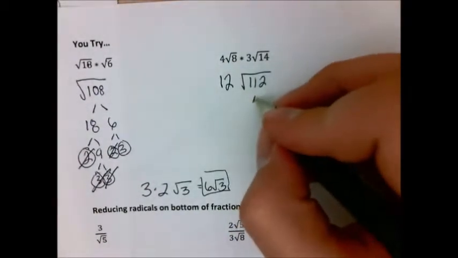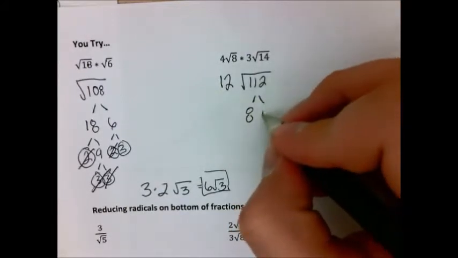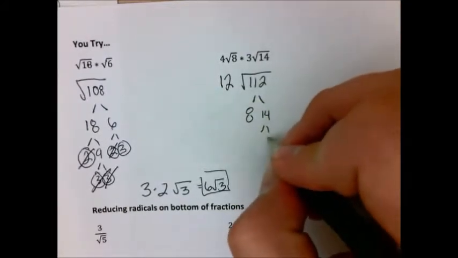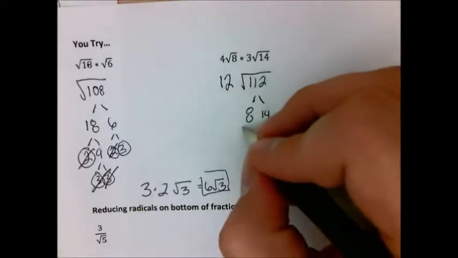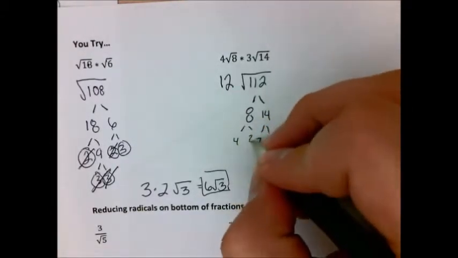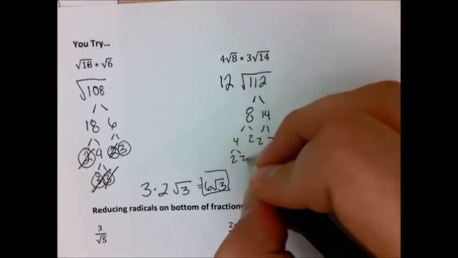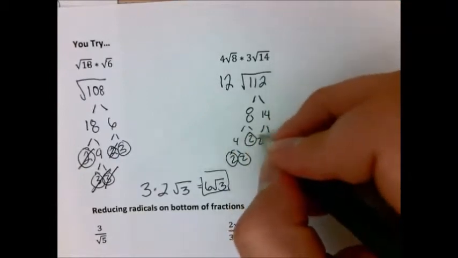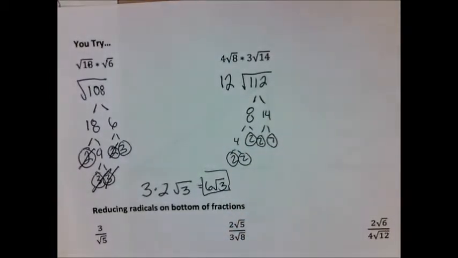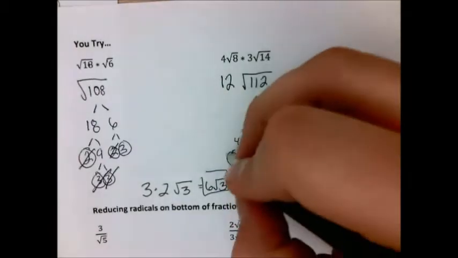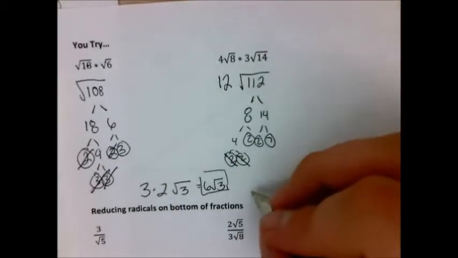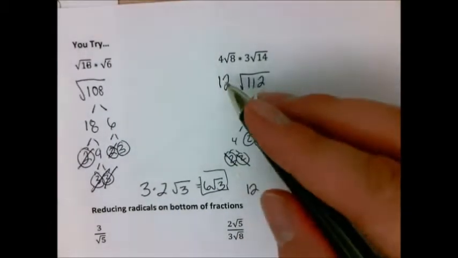Let's break this down. 112 breaks down into 7 and 16, and 16 breaks down into 4 and 4, which breaks down into 2 and 2. So you have this one, this one, this one, this one, and this one. They have to come out in pairs. So here's one pair of 2s. We've got 12 already on the outside.